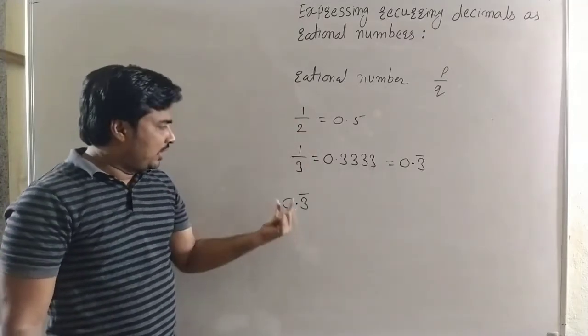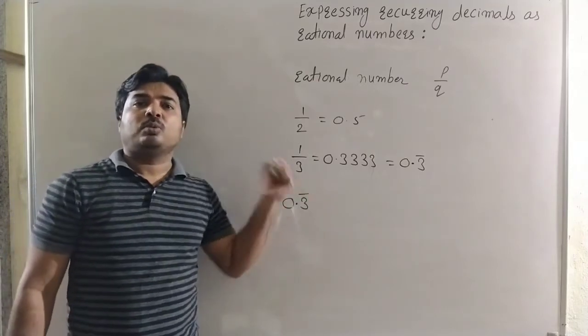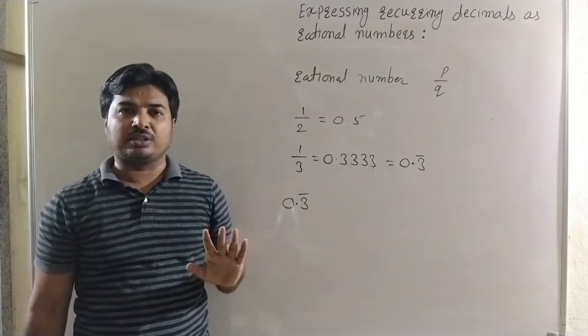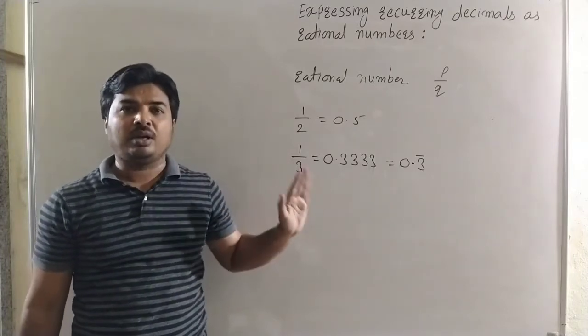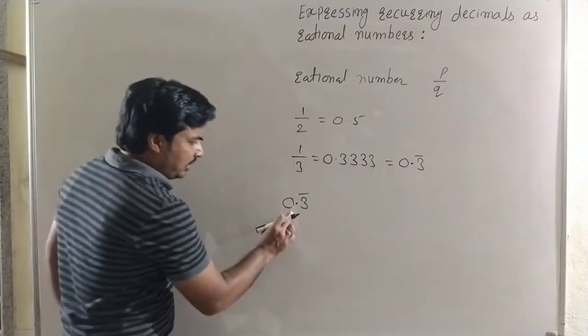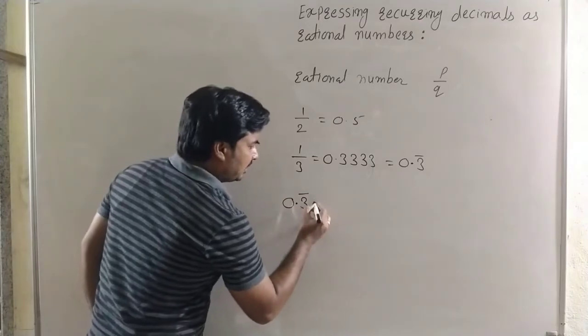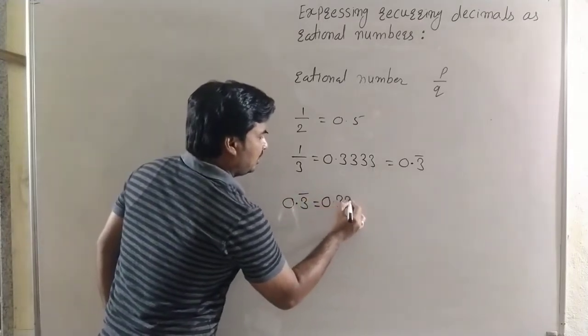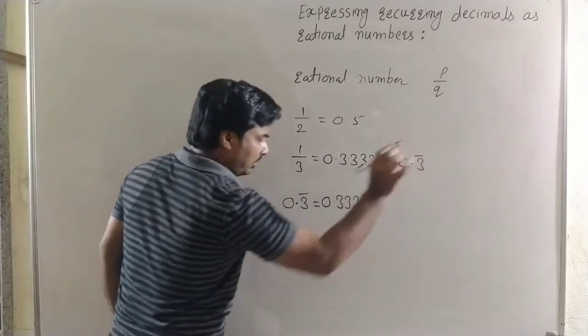Now here we use the formula for the sum of the infinite terms in a geometric progression. Which are the infinite terms? Here 0.3 bar means 0.3333 up to infinite times.